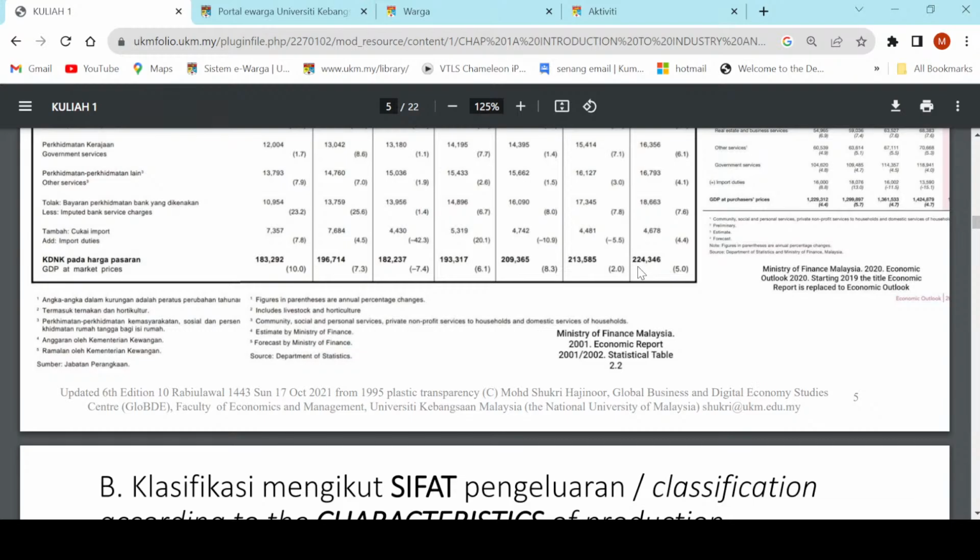Because this is in the past. And also, this is projected at that time. Just for your information, this is an estimate, because it was published in October 2001. October, not yet finished for the whole year.